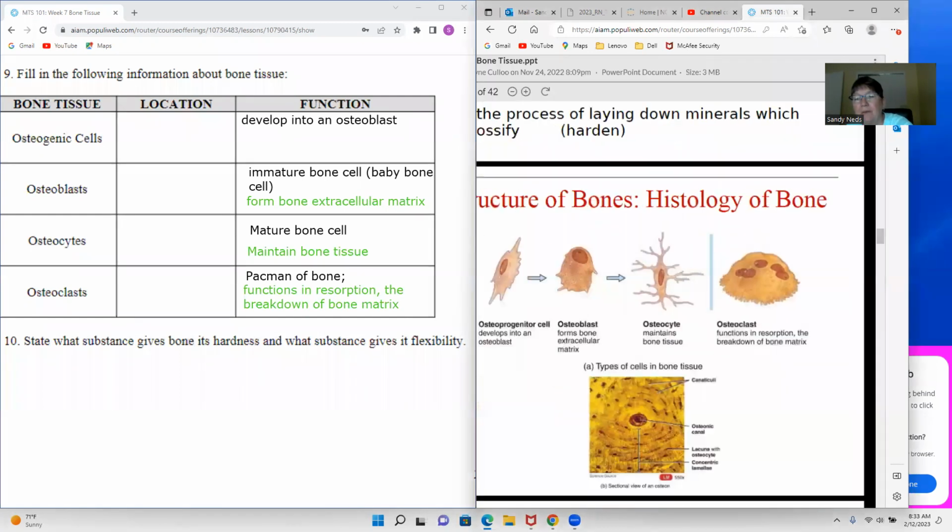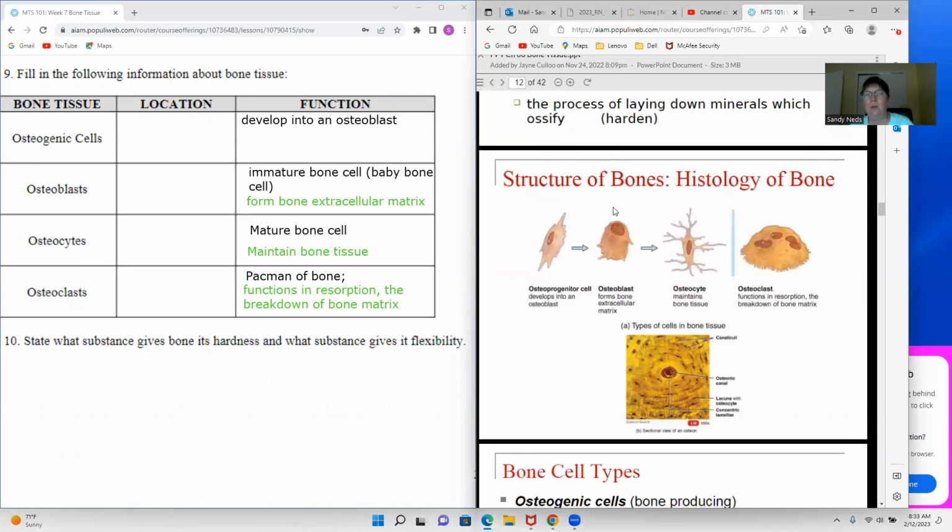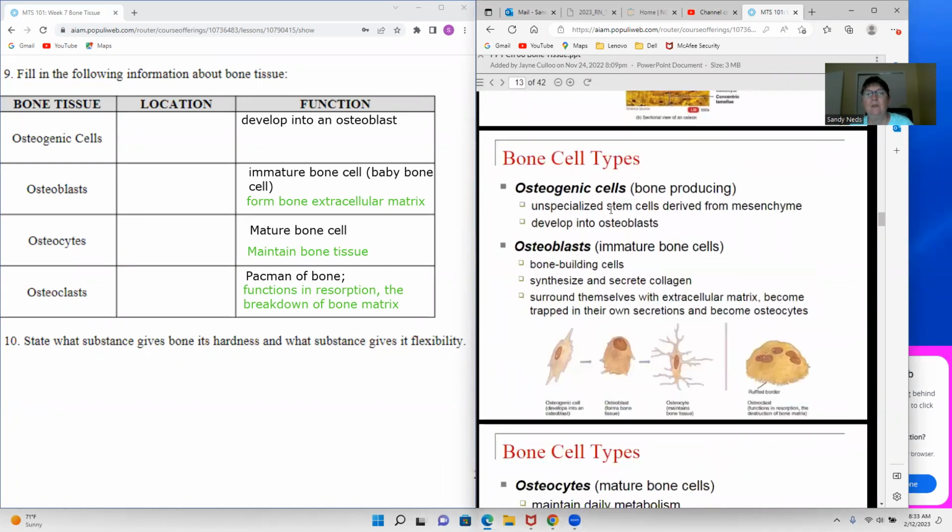So let me downsize this, and let's go to the osteogenic cells. So it develops into the osteoblast, but we didn't get all the information. So let's add some right here. Let's put it in text form.